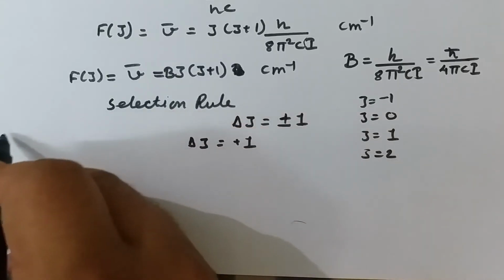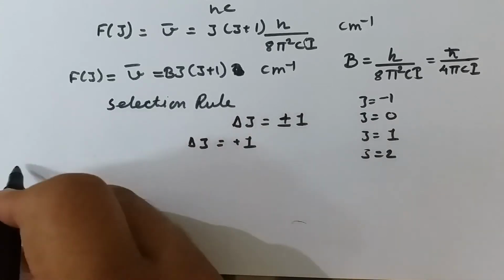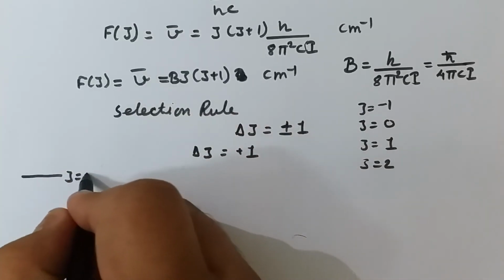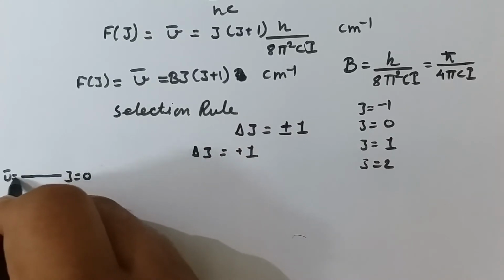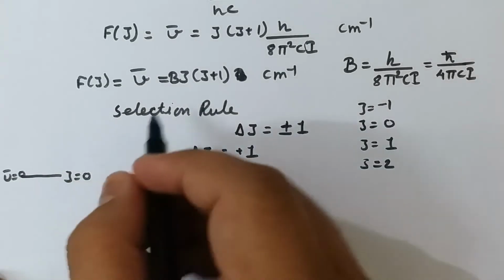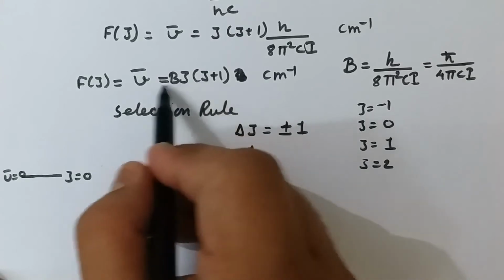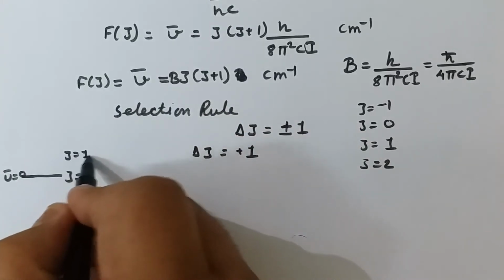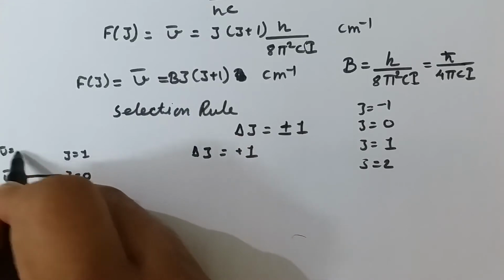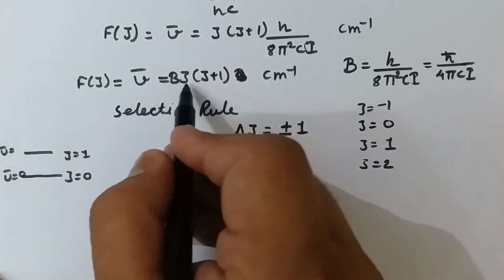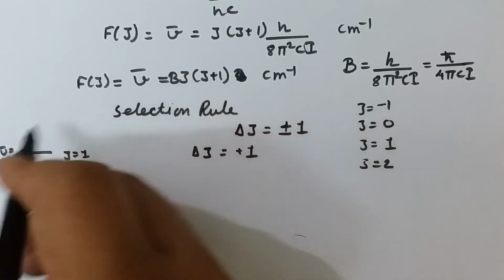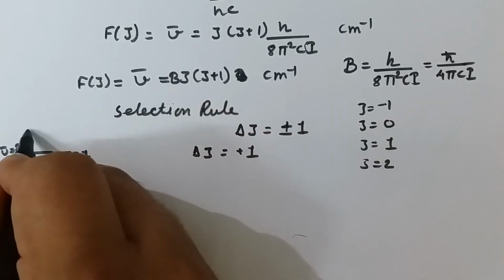If we draw a plot of the value of J with respect to V bar, then at J is equal to 0, V bar will also be 0, because if we substitute J is equal to 0, this will be 0. Then for J is equal to 1, the value of V bar will be 1 plus 1 is 2, and this will be 1, so it will be 2B.